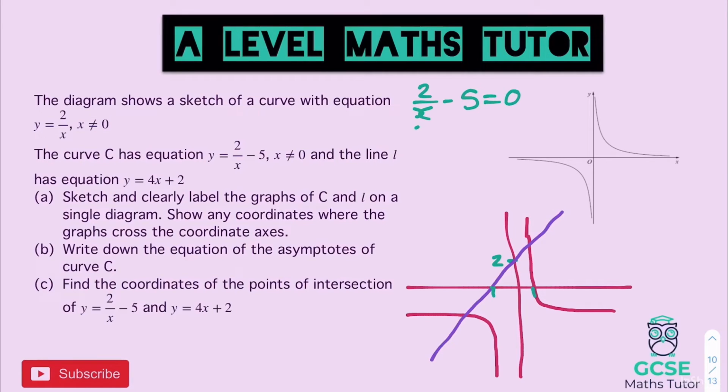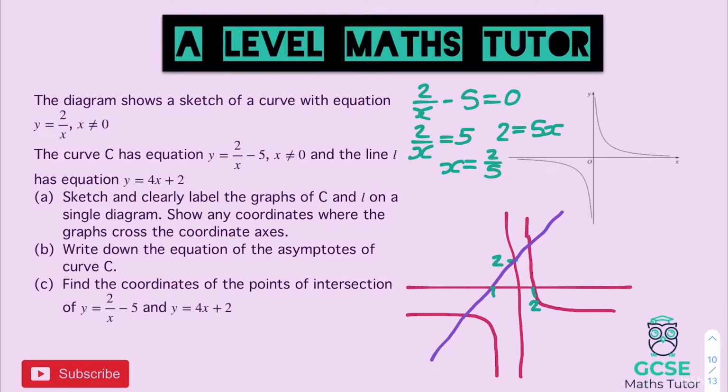If we add the 5 to the other side, we get 2 over x equals 5. Multiply the x over to the 5, so we get 2 equals 5x, and then divide both sides by 5, we get x equals 2/5. So that is the x-intercept of the reciprocal graph.